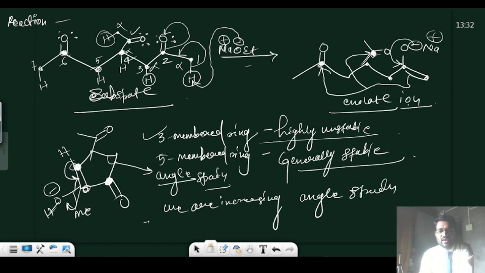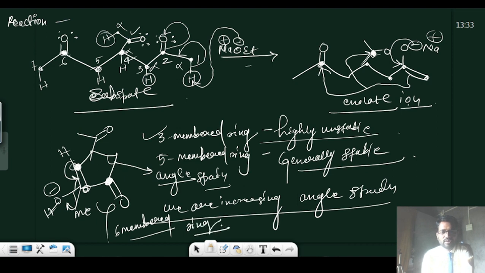That means this ring becomes highly unstable in nature. So this 5-membered ring will not generate. We need to go to the 6-membered ring. So we need to form a 6-membered ring. Then and then only we will get our appropriate and major product.